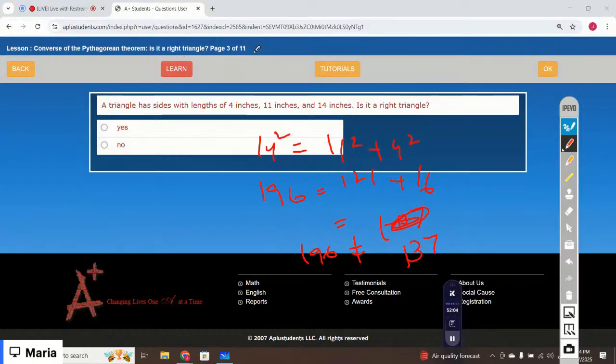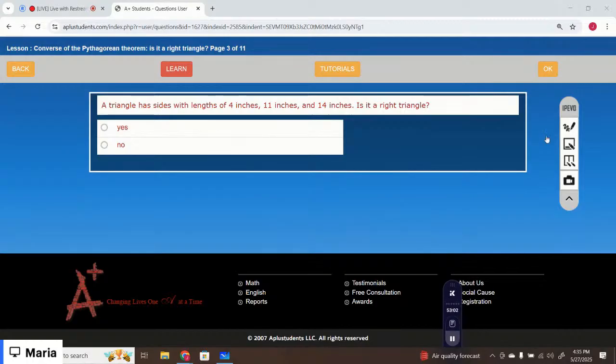So that is not a right triangle. The correct option is no.